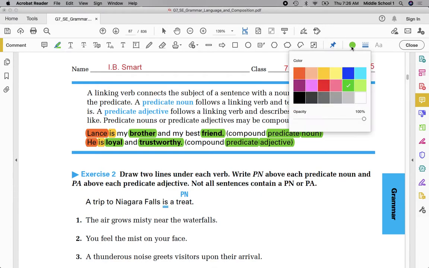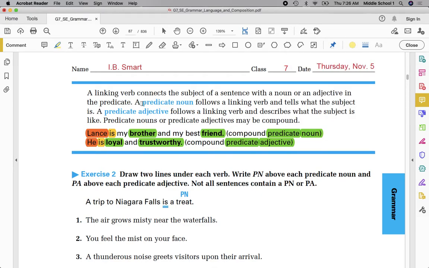So today, as I'm going through my various sentences, I want to be identifying predicate nouns or predicate adjectives that follow linking verbs. A predicate noun is going to rename the subject. A predicate adjective is going to describe the subject.